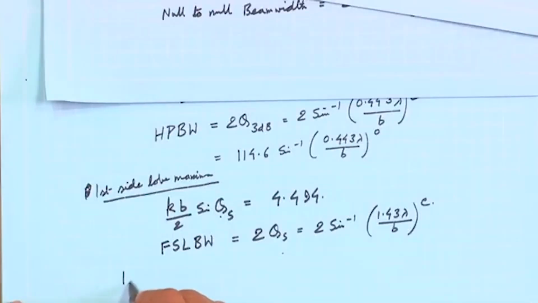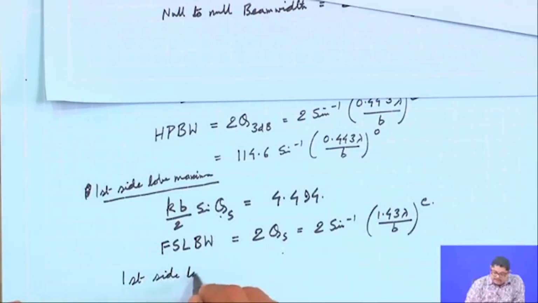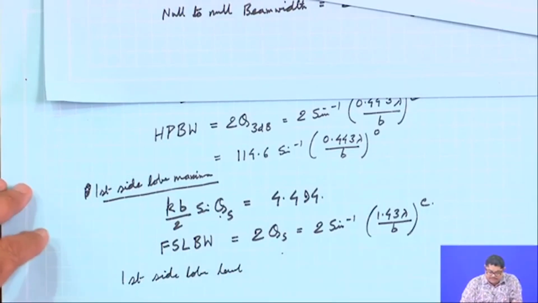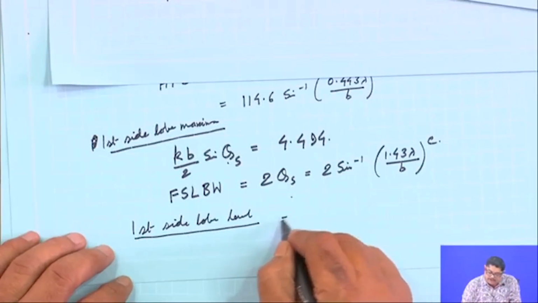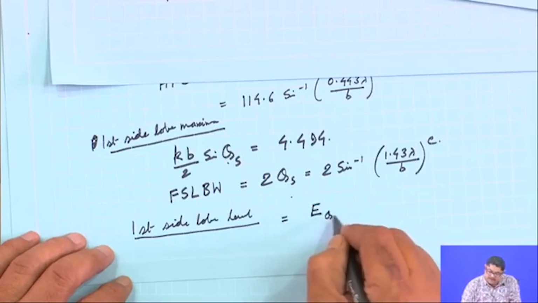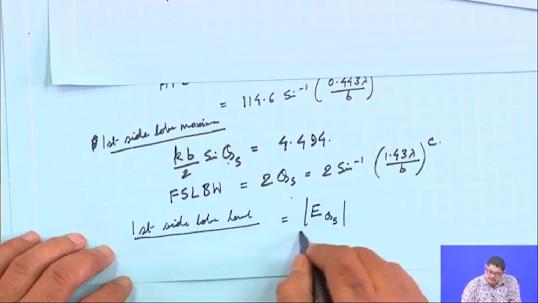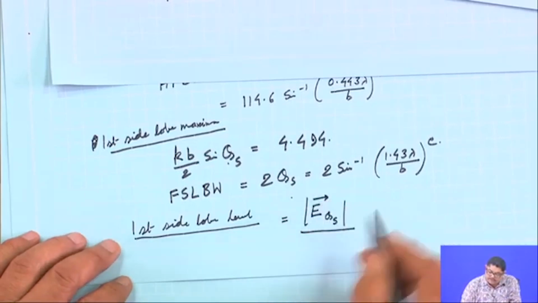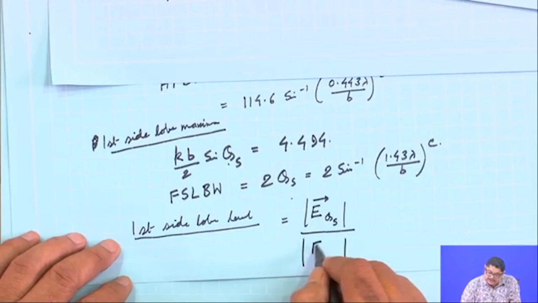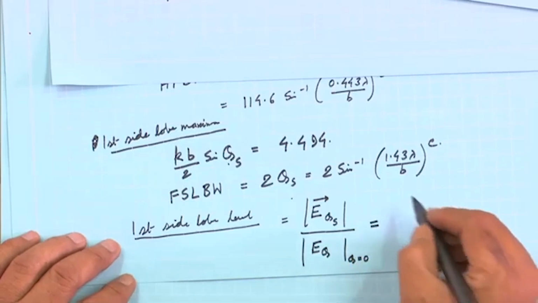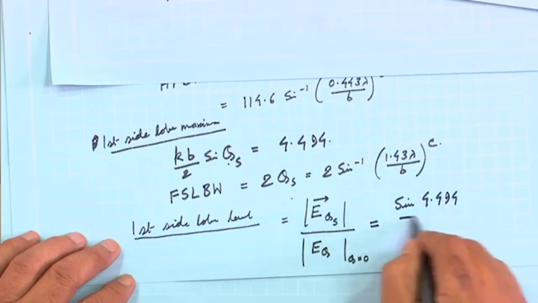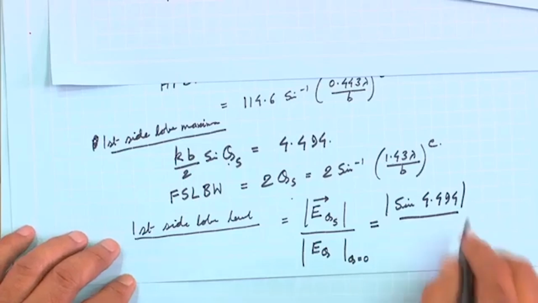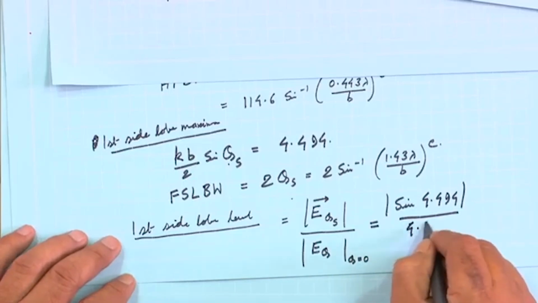The first side lobe level will be the magnitude of E at theta s by the magnitude of E at theta equal to 0, which is the magnitude of sine of 4.494 divided by 4.494.